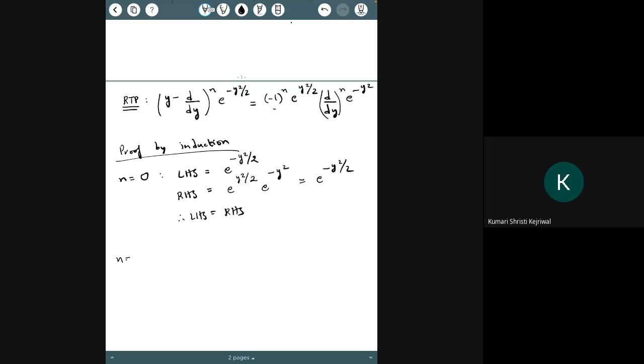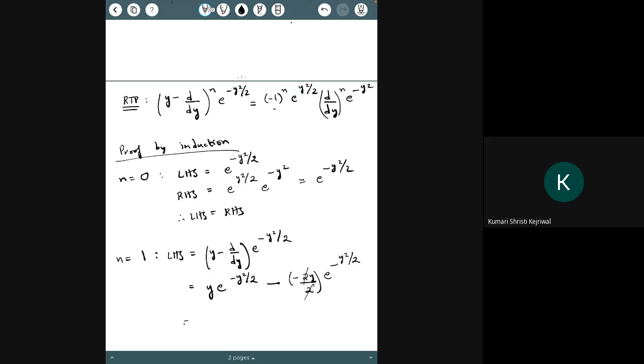I can show it for n equal to 1. Then the left hand side is equal to y minus d dy acting on e to the power minus y squared by 2. And that is equal to y into e to the power minus y squared by 2 minus 2y by 2 times e to the power minus y squared by 2.